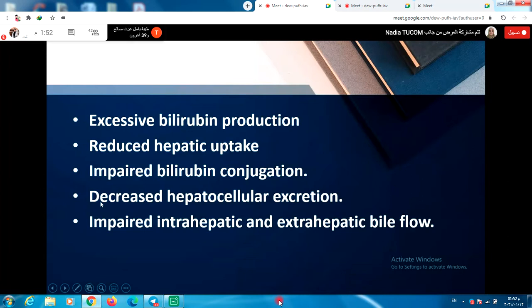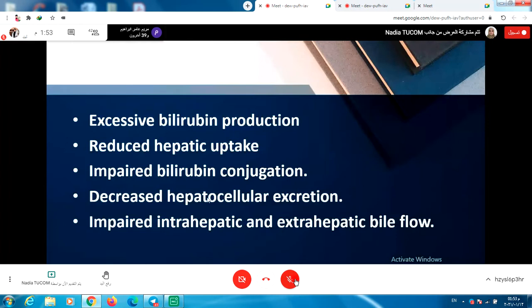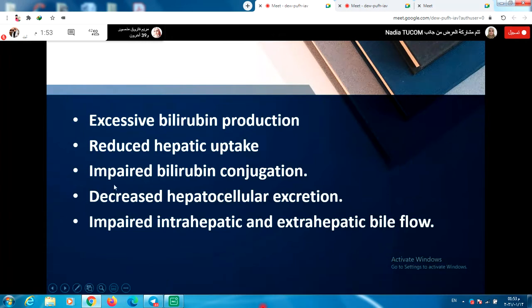Good. Decreased hepatocellular excretion. What do you say, direct or indirect? Decreased hepatocellular excretion. Here the defect is where? Direct, conjugated bilirubin. Yes, the bilirubin here is conjugated, but the defect is in excretion.